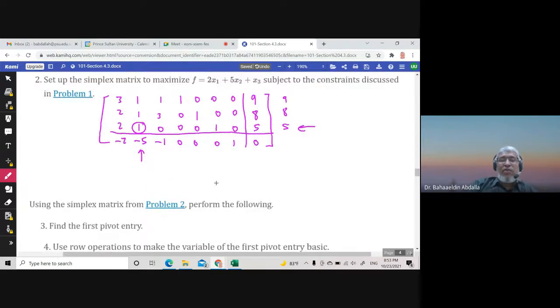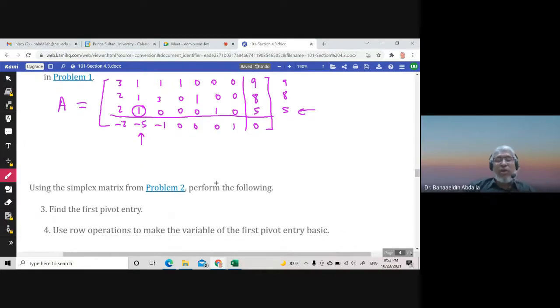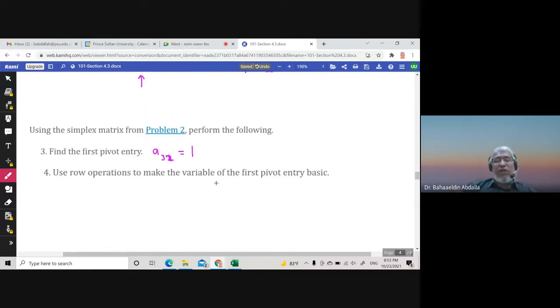If I call this matrix A, then the pivot entry would be third row, second column. So it is A32, which is 1. Okay, that's the first pivot entry.